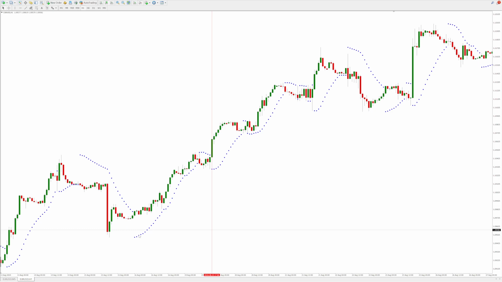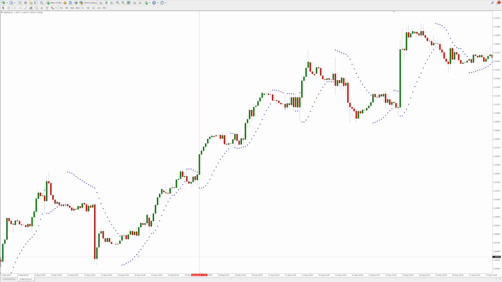So for example, we see a nice uptrend forming here, and we're going to consider entering in on this particular trend. So when to enter.